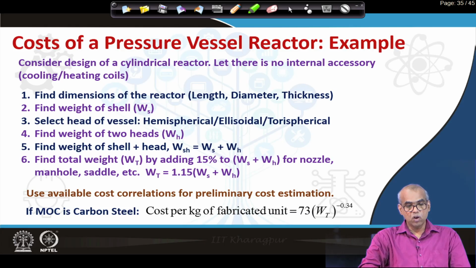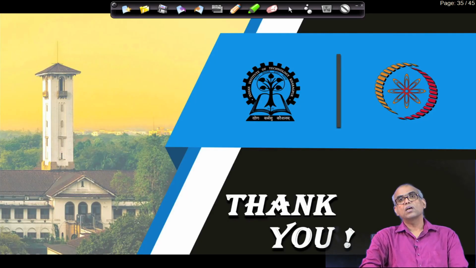For example, if the material of construction is carbon steel, the cost per kg of fabricated unit will be 73 times total weight to the power minus 0.34. This particular expression is obtained from the book of Peters and Timmerhaus. So, similar cost correlations are available which can be used for preliminary cost estimation purposes. With this, we stop our discussion on module 7 here.